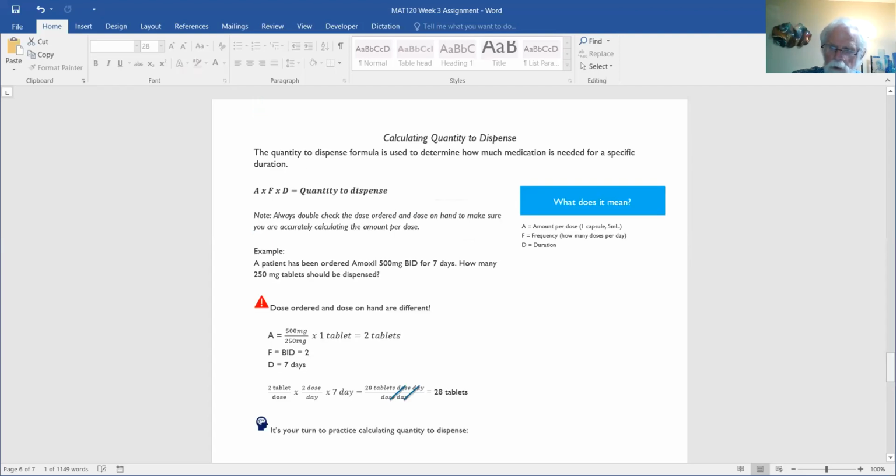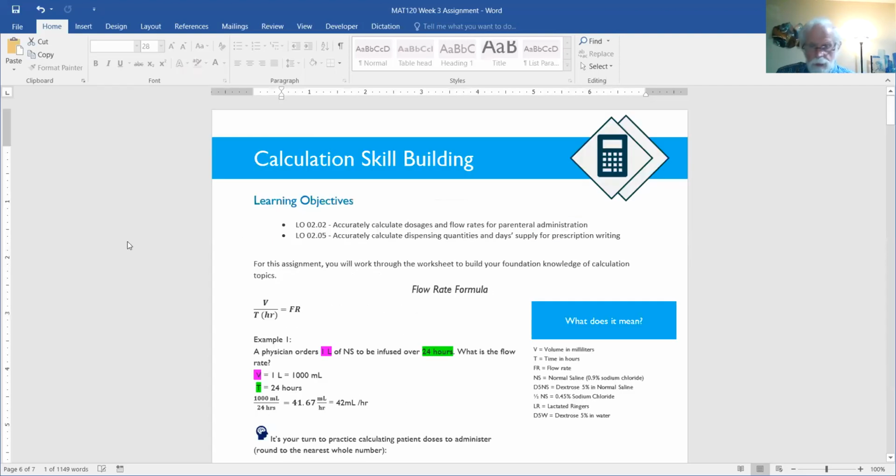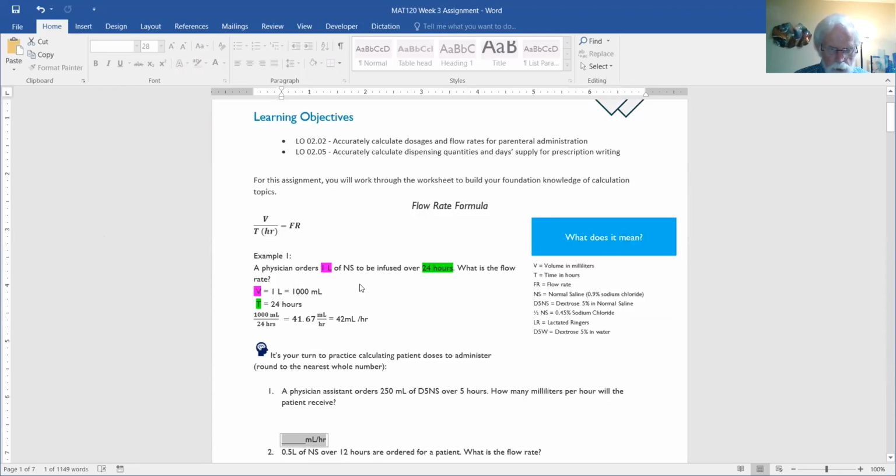So let's go back to the top. This is our basic formula for flow rate. Volume over time equals flow rate. This is milliliters per hour if we're using an infusion pump.